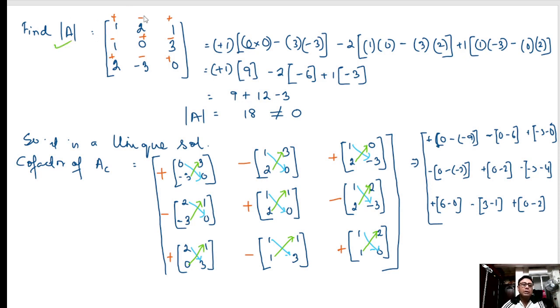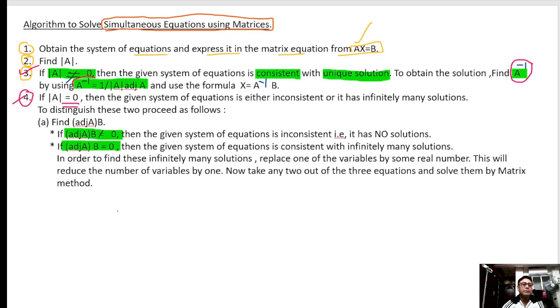I told you, for a 3 by 3 matrix, please watch, how to put the sign? Plus, minus, plus, minus, plus, minus, plus, minus, plus.